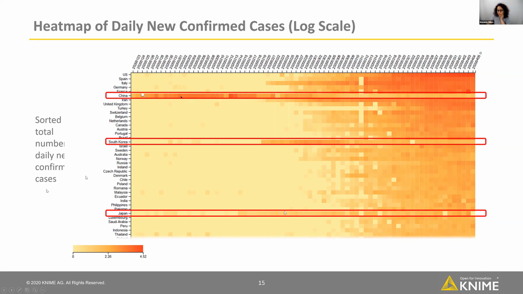Then you have Japan, where the absolute numbers were a bit smaller than for China, then South Korea, then Italy, and then all the other countries one after the other. So this is also interesting to show how the pandemic has moved geographically and time-wise.